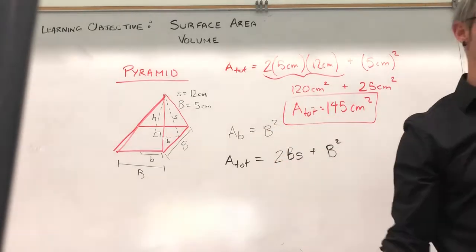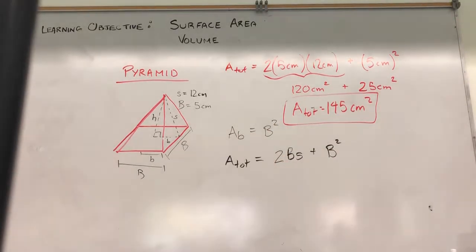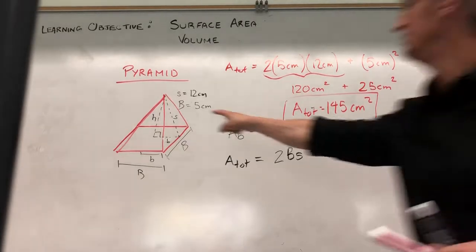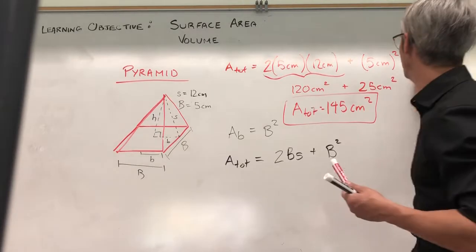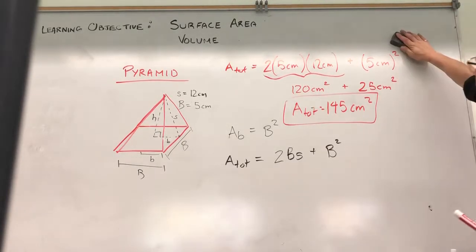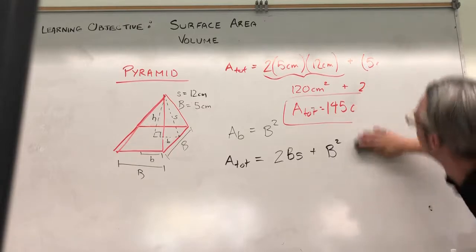Area is more difficult than the volume. The volume is just the area of the base, which is squared, times the height, divided by 3. So let's do that. I'm going to erase again.